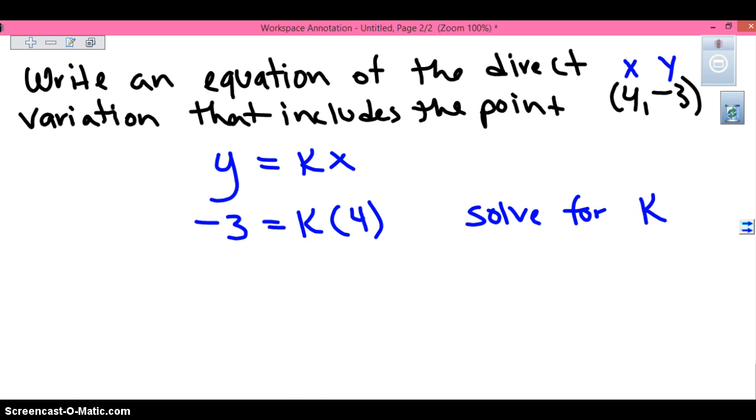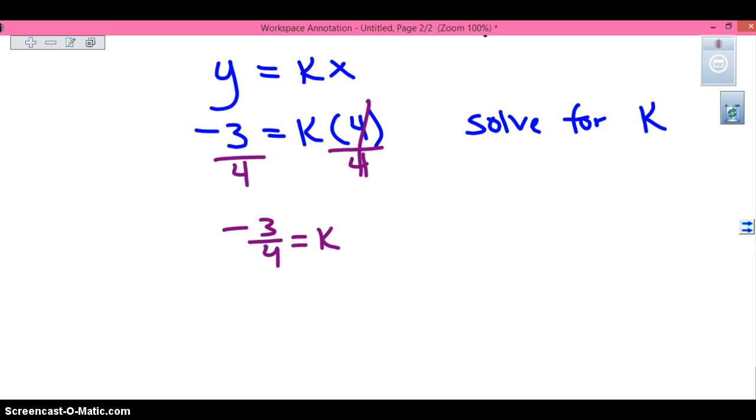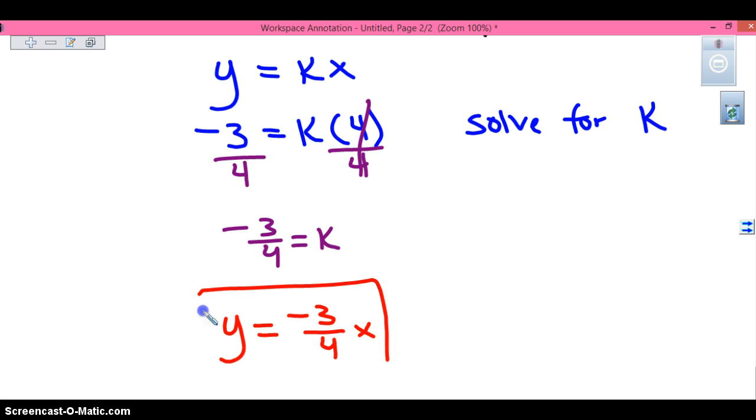Yes. That means we have to divide by 4 on both sides. So negative 3 over 4 is equal to k. Now that we have k, or the constant of variation, we can write our equation of the direct variation as y equals negative 3 over 4x.